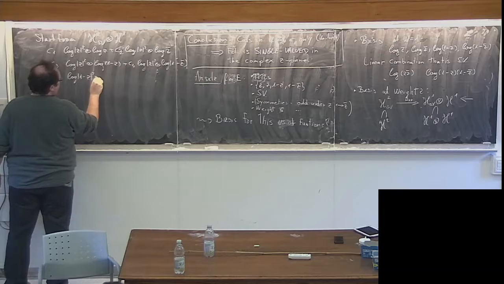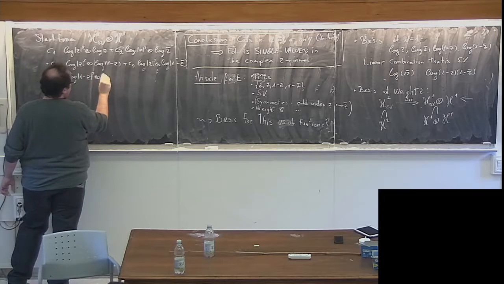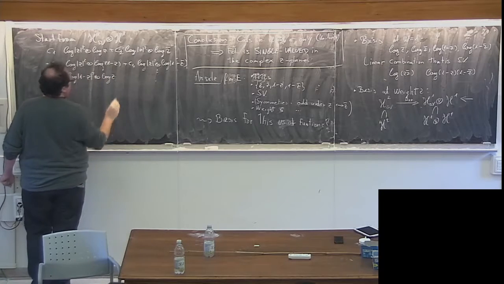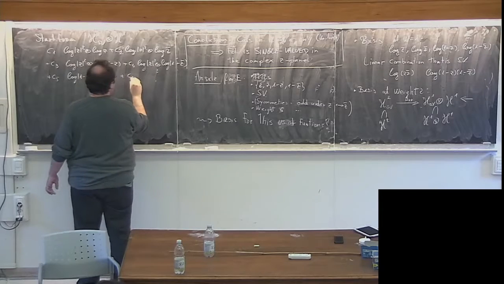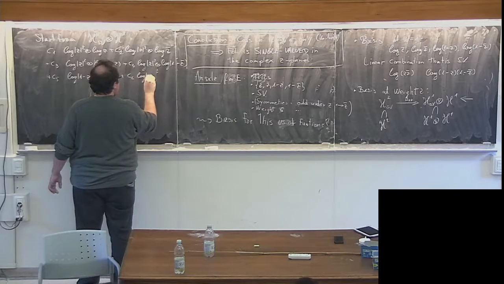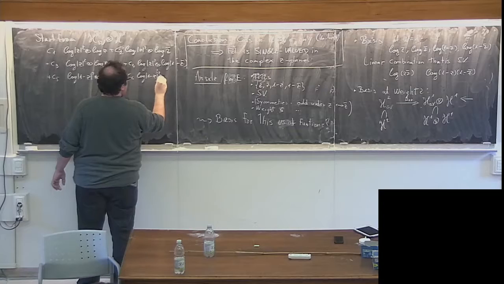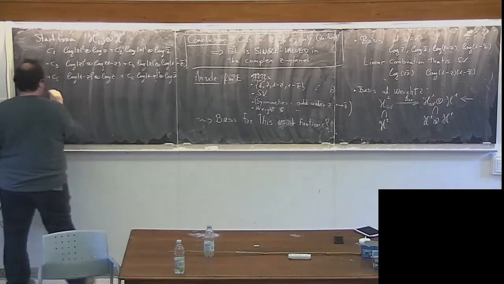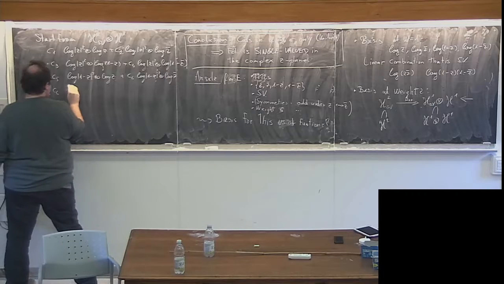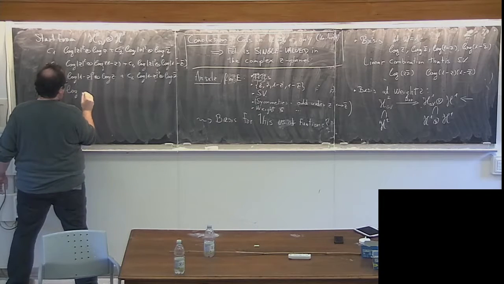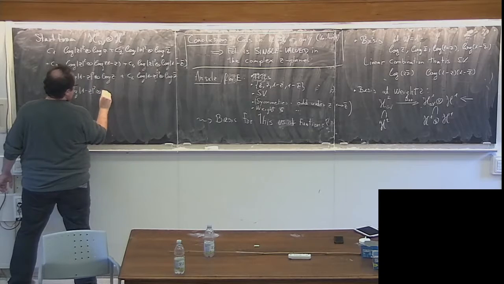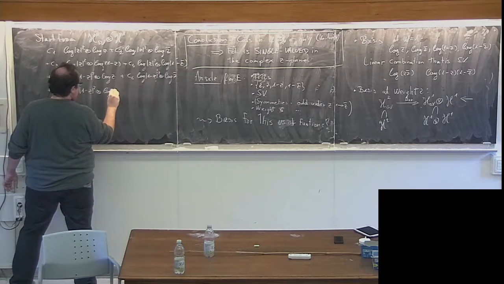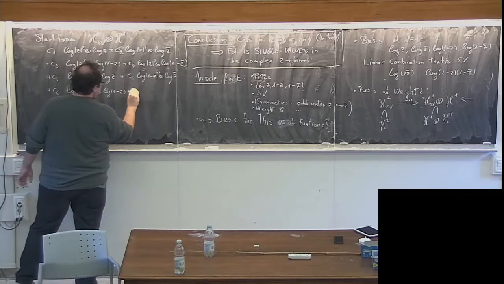And I have the same 4 terms, but with 1 minus z in the first entry. So I have 8 terms in total. Z square tensor log 1 minus z plus C8.